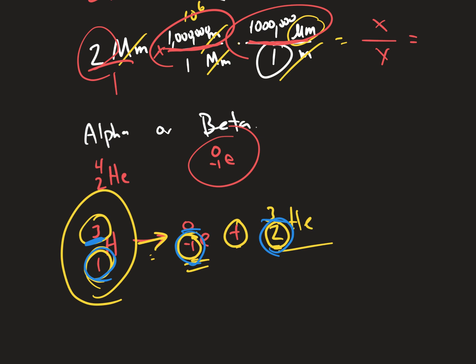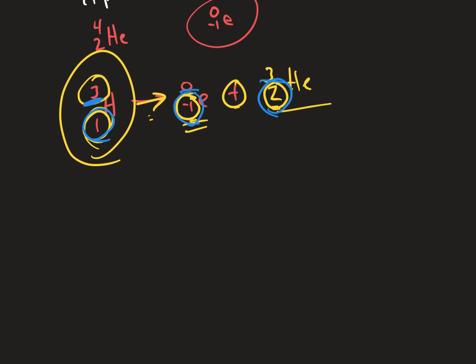Not really. So my question is, did it gain a proton? Did it keep a proton? Or did it lose a proton? Here's what happens. Great question. So we have this, what's the nucleus of helium made of?